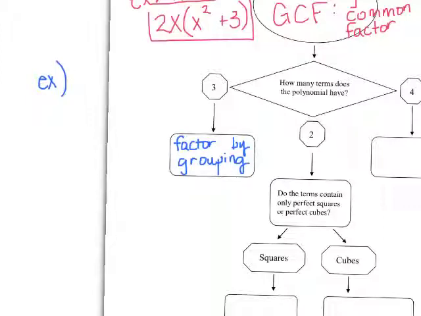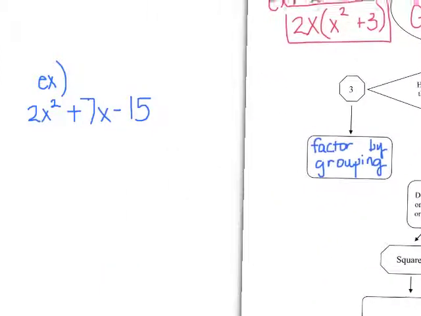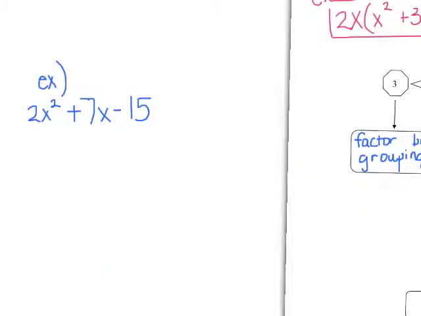So if you have 2x squared plus 7x minus 15. Okay, so let me bring this over here. So this is our example.